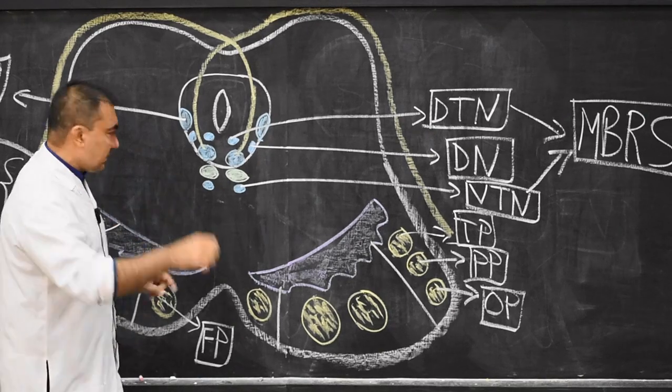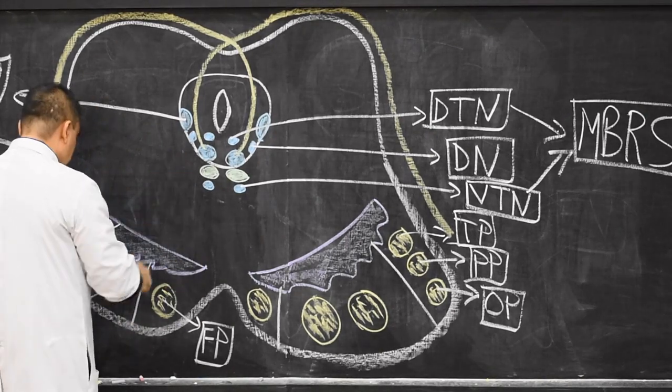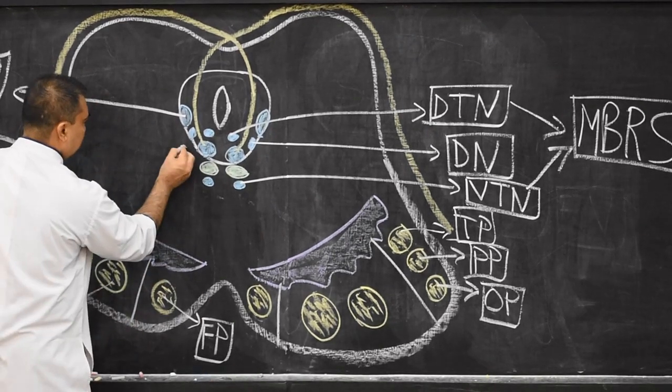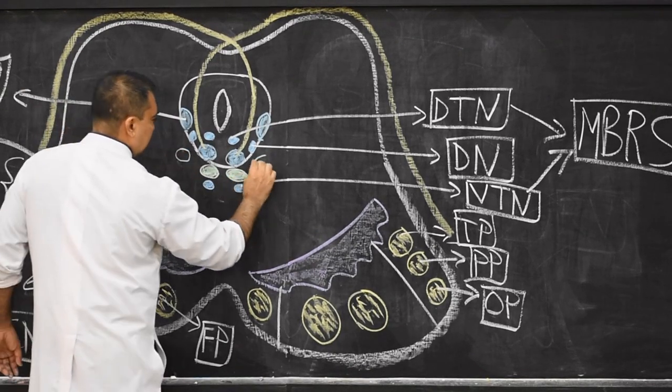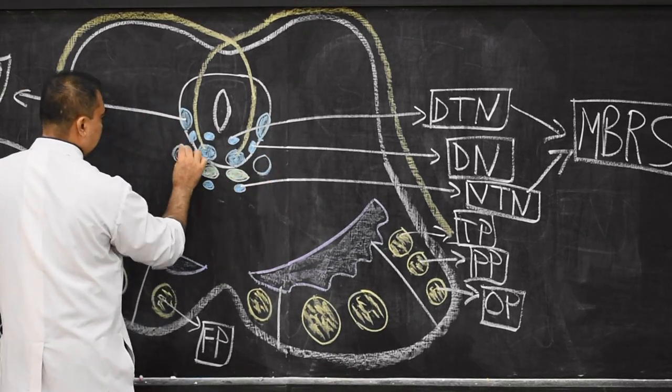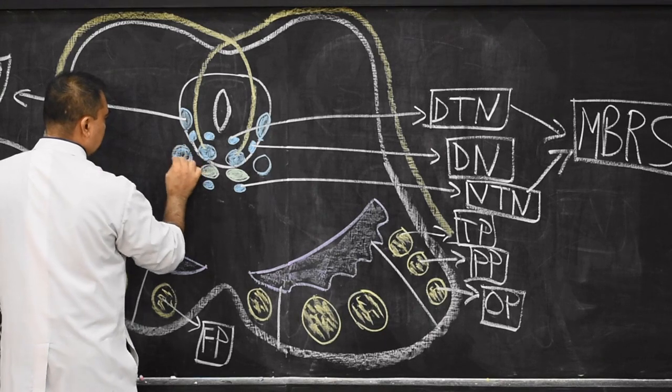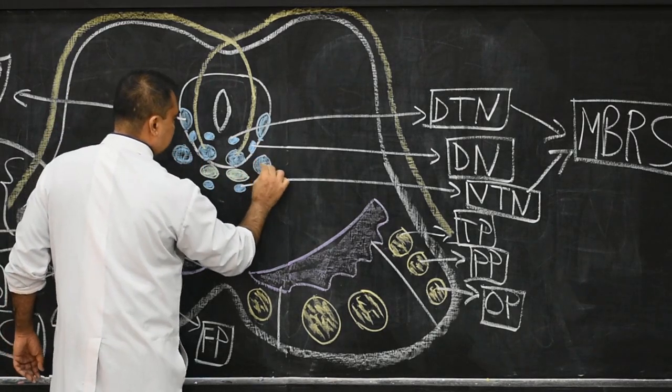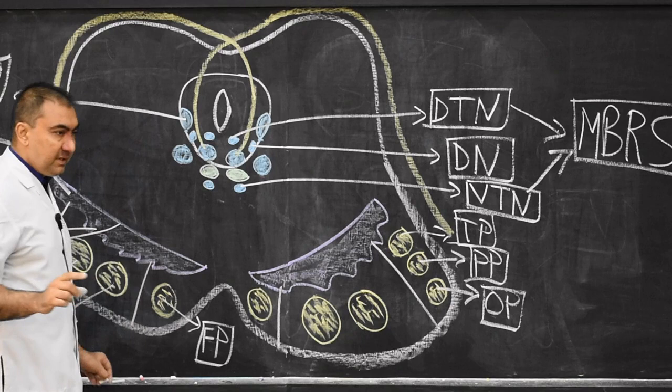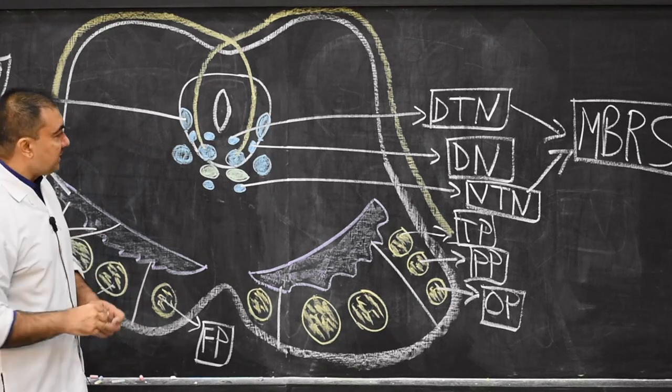And then we come to outside the grey matter, a very small collection of another pair of nuclei here. And this small collection of nuclei, they are known as the interstitial nucleus of Cajal, C-A-J-A-L.